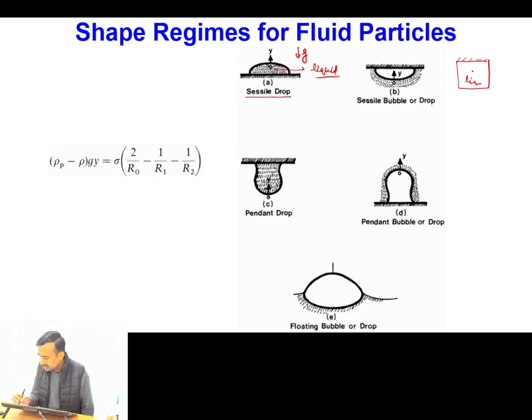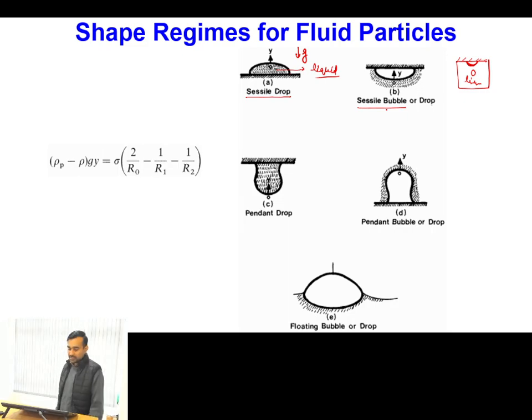If you have an air bubble here, whenever it comes in close contact with the liquid pool near the solid surface, it will form a shape something like this. It will be resting on that solid surface, so I will call it a sessile bubble. Are all clear with this point?